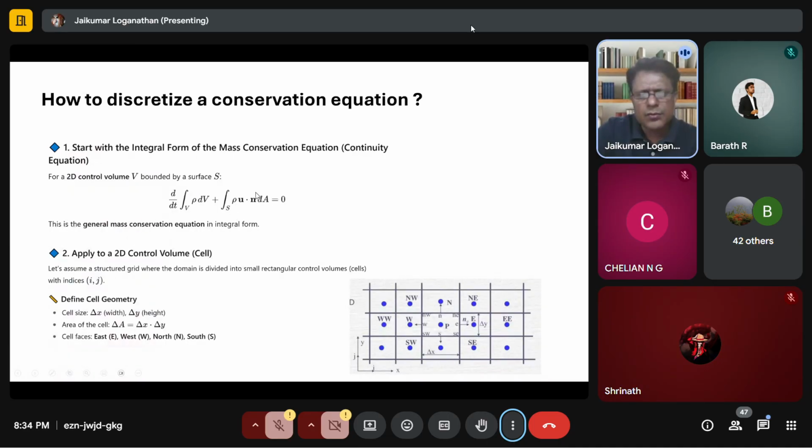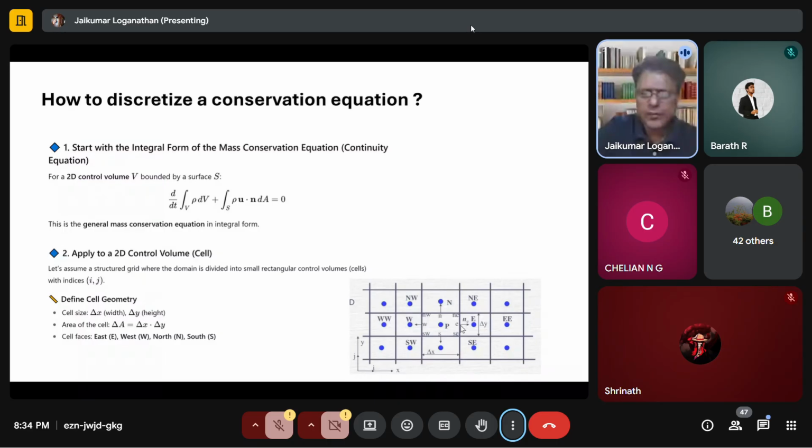So we are going to apply this equation on a 2D grid. A few aspects of the 2D control volume: focus on the center one, which is shown as P here. This is a 2D representation. You have delta x, which shows one dimension, and delta y is the other dimension. If it is 3D, then you can imagine it will be like a cuboid, and it will have a delta z, which will be normal to the page.